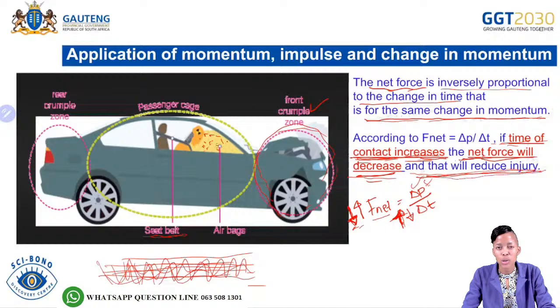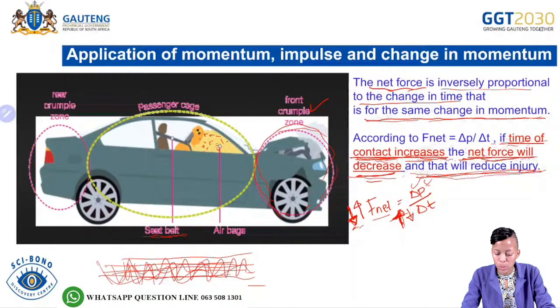So that is how you would answer this question, which is usually about 3 marks or so. You would have to mention a decrease or an increase in terms of time. You would have to mention a decrease or an increase in terms of the net force.